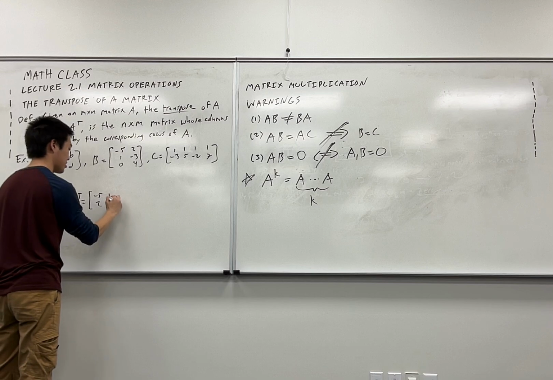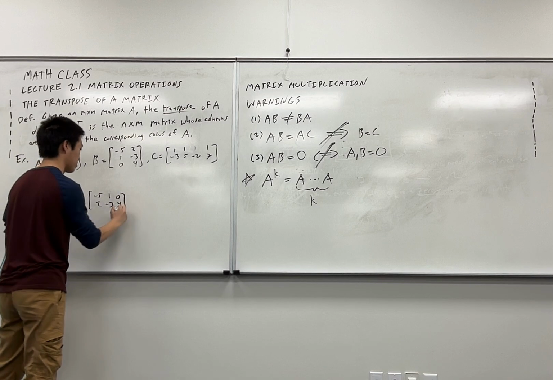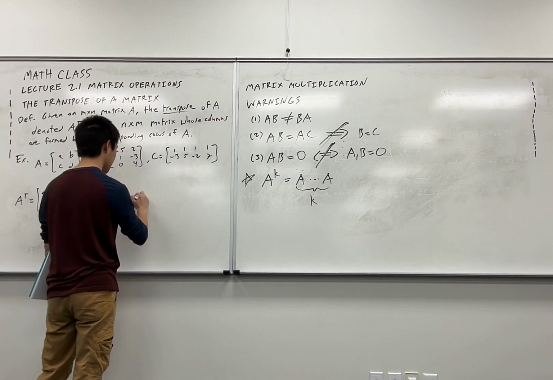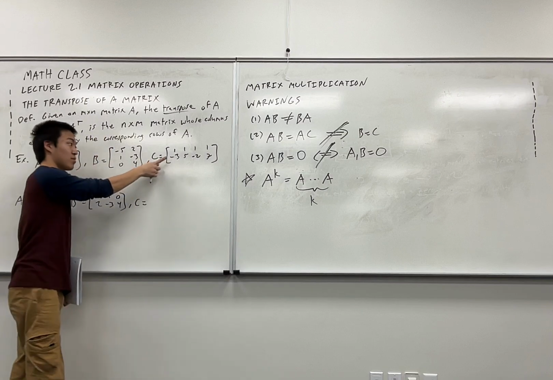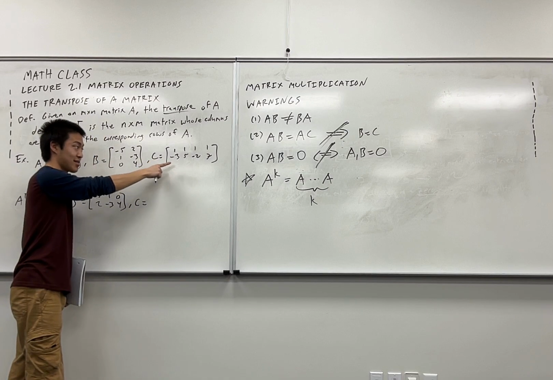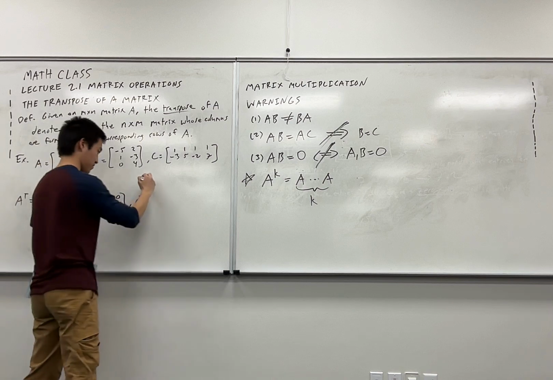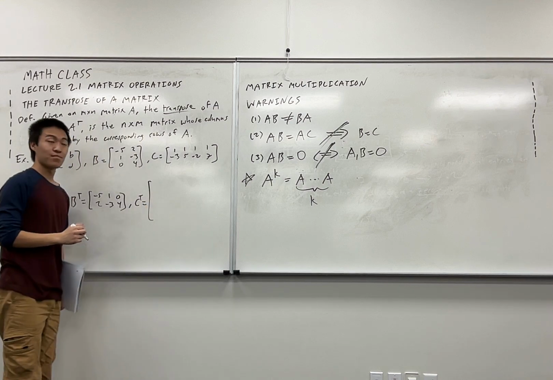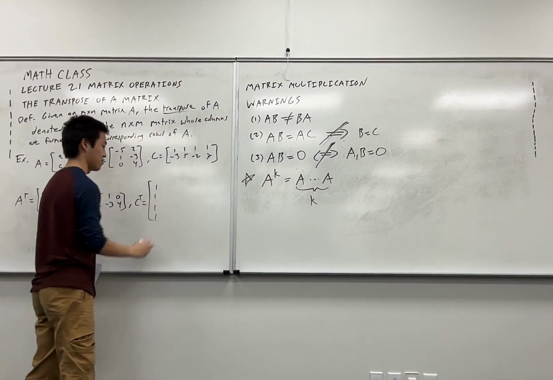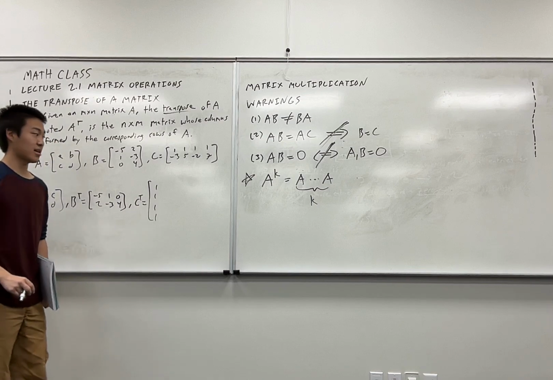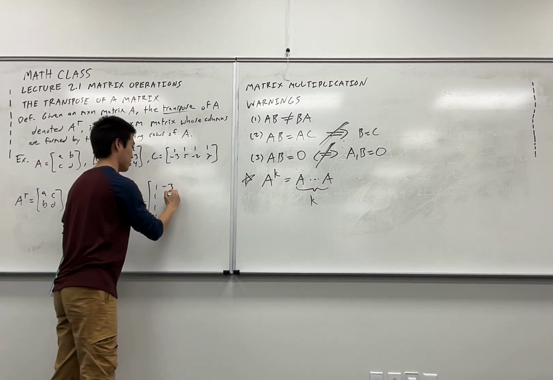Okay, so I think you see the pattern, so that's 0, 4. And then C, okay, so what's the size of matrix C as it is right now? 2 by 4. Okay, so the transpose, 4 by 2. What's the first column? 1, 1, 1, 1. What's the second column? Negative 3, 5, negative 2, 7. Yes.